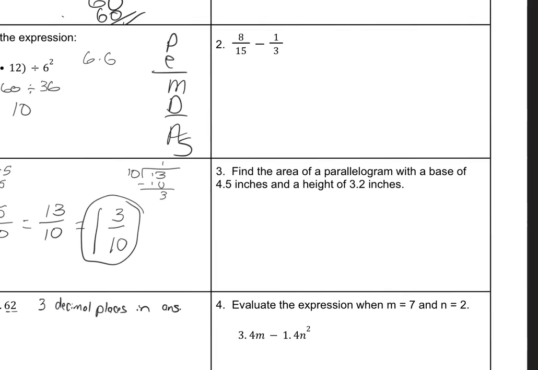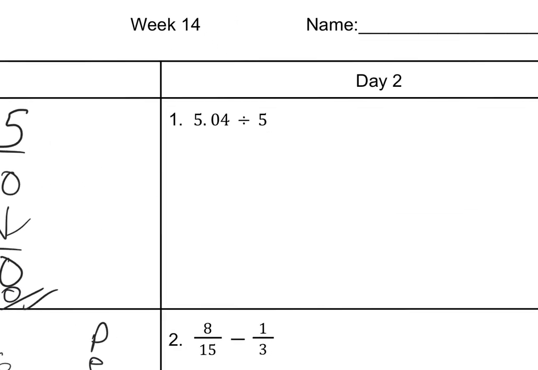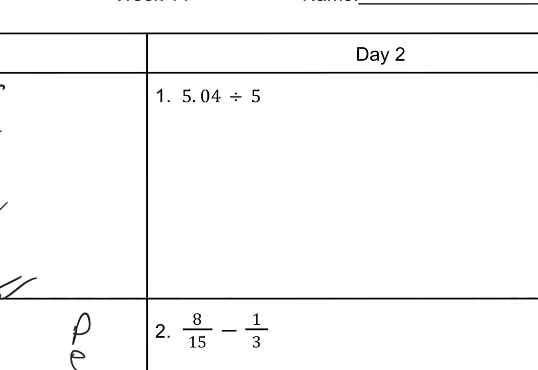Let's go to day 2. All of these are about the same. Day 2, we're dividing 5.4 by 5 or into 5 groups. Take your decimal straight up. 5 goes into 5 1 time. 1 times 5 is 5. Drop this 0 down. I cannot divide 5 into that 0, so put a 0 at the top.